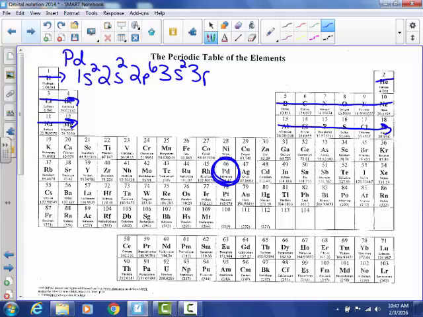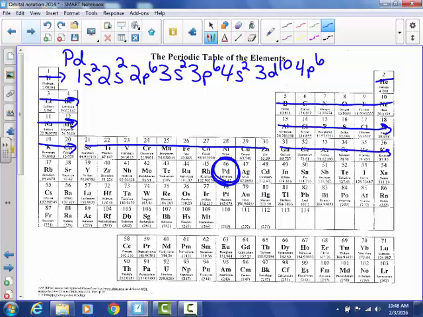Then 3p6, 4s2, and here's 3d10, and then we jump back to 4p6.